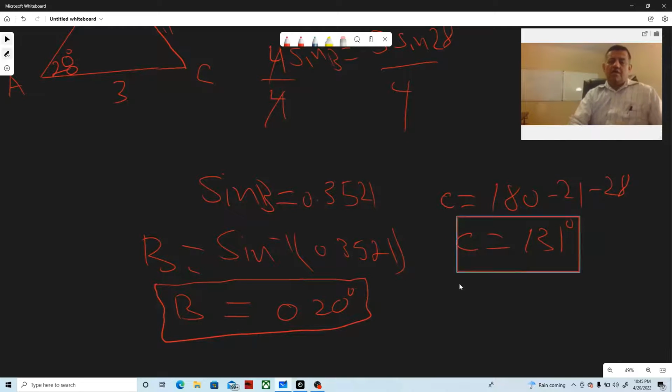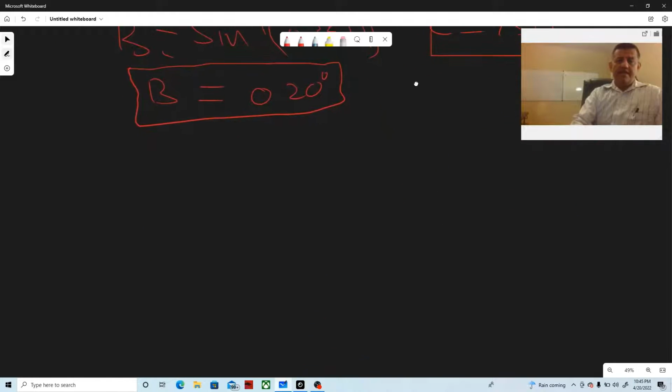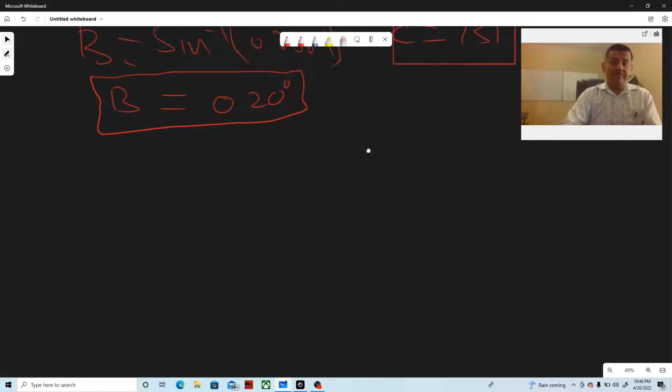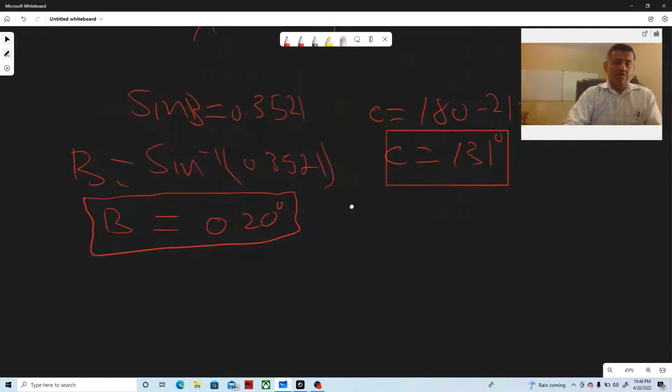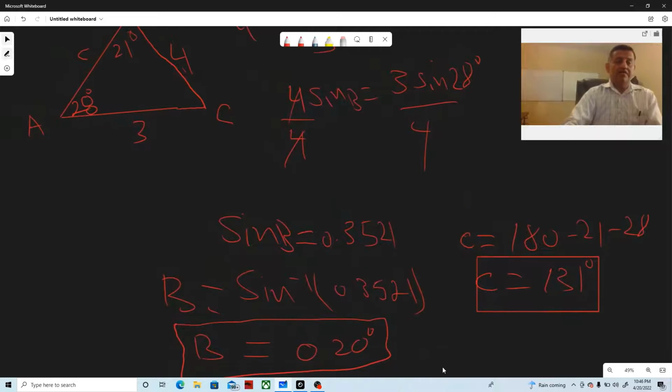Now what we can do at this point is check. We have this angle, this part right here, that is 131 degrees.